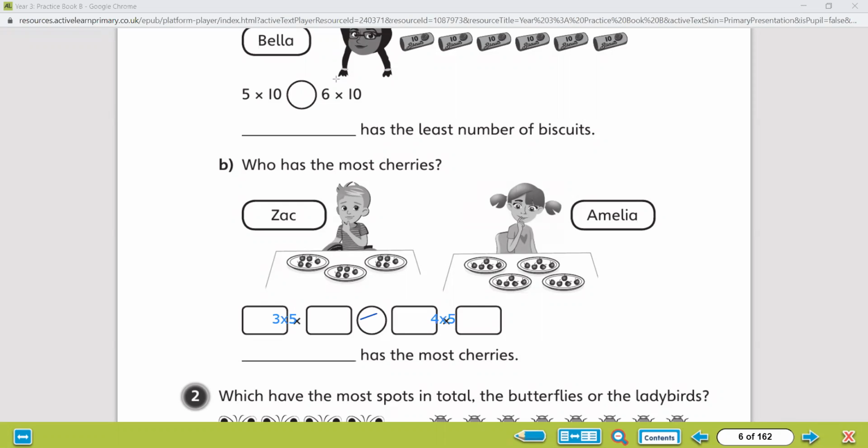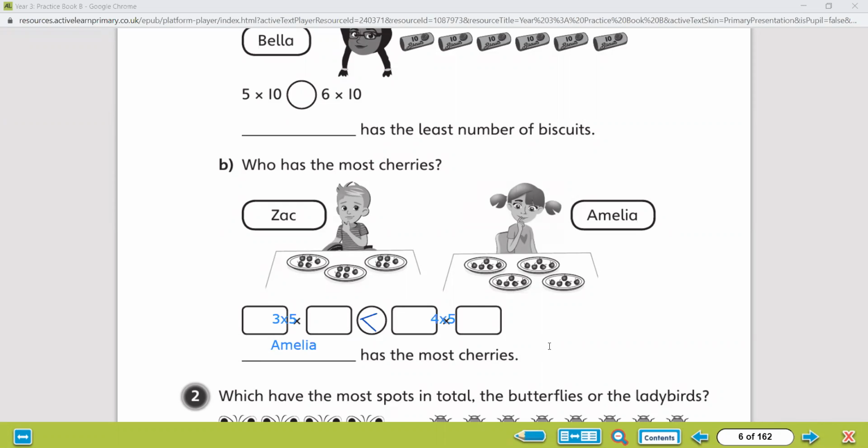Sorry, they haven't actually matched up very well. So in terms of who has the most cherries, I would write Amelia here, because most means the person with the biggest number.